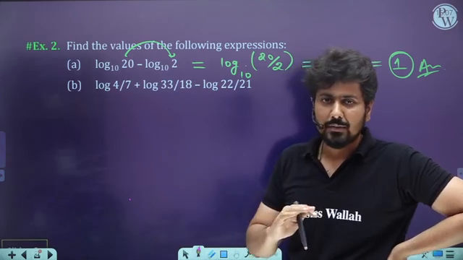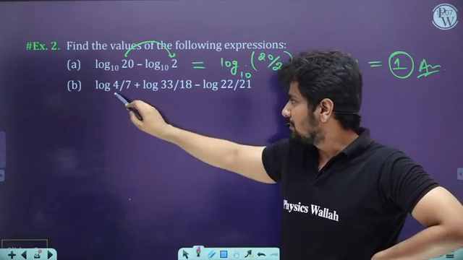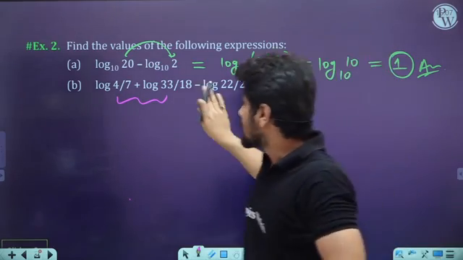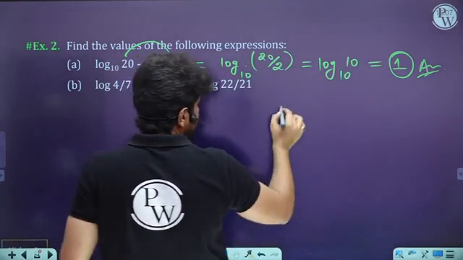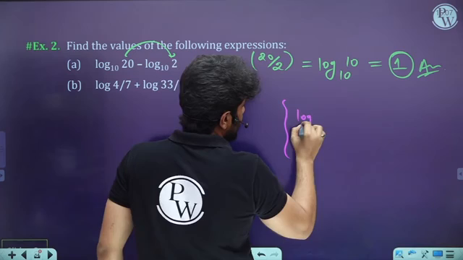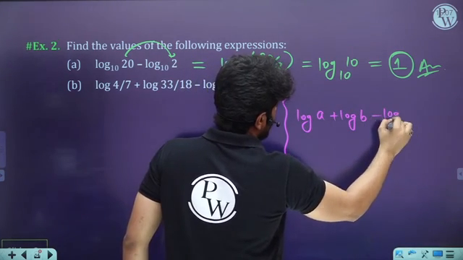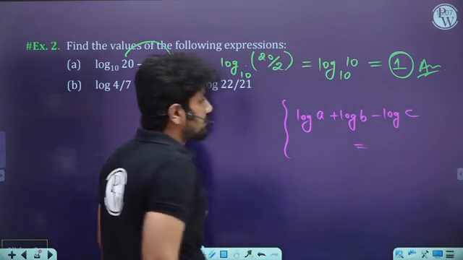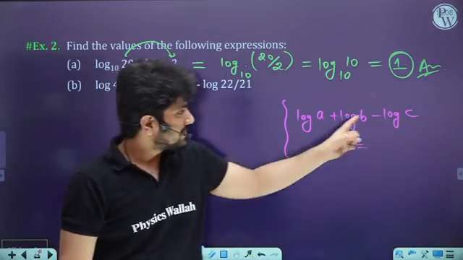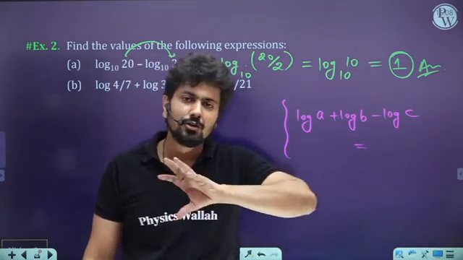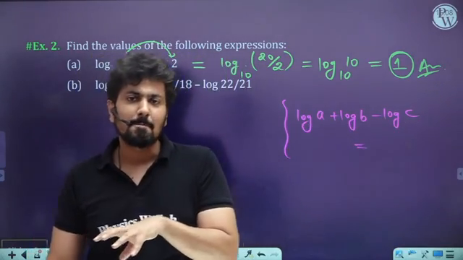So we can apply the property. The property goes like this. We are adding these two logs. Very simple example: log of A plus log of B minus log of C will be equal to what? Because their bases are same. What are the bases? If the base is not mentioned, you can consider the base as 10.